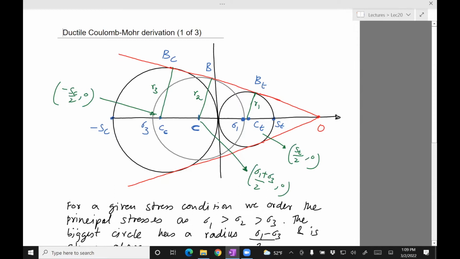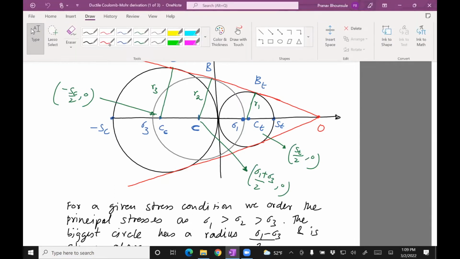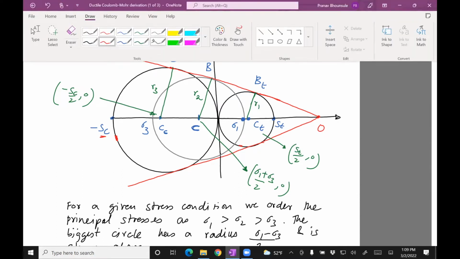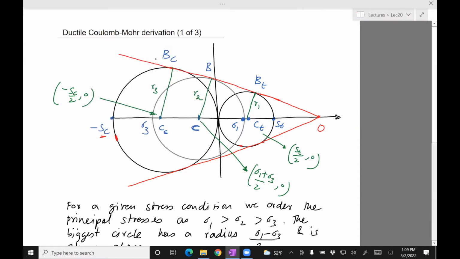So the two circles, there's a lot of things going on here, but the circle on the left and the circle on the right are the circles I drew previously. And we are trying to understand if a random loading condition leads to failure or not. So when you have a random loading condition, we can draw another Mohr circle. This is the Mohr circle for the loading condition.